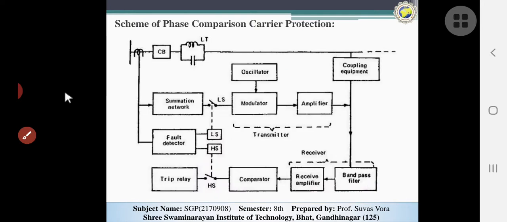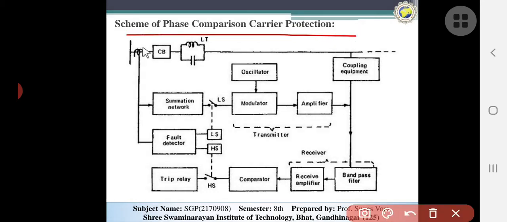Now after that we can see the scheme of the phase displacement carrier protection. If the fault is internal, at that time the fault detectors will detect the fault and set the value, low set or high set.